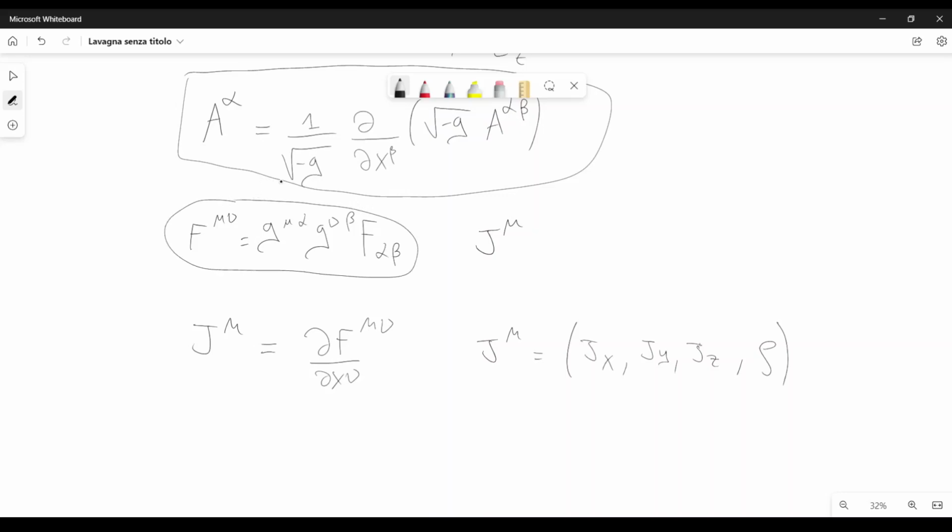So here, a simple calculation yields, so we are assuming now that we can write our equations in special relativity. So g mu alpha, g nu beta have a very simple form. They are diagonal matrices, and we know the form of these matrices.